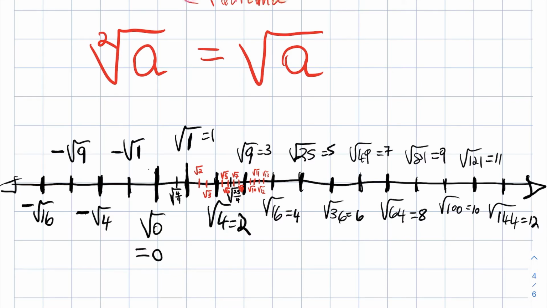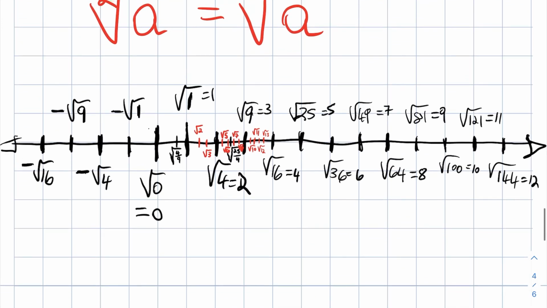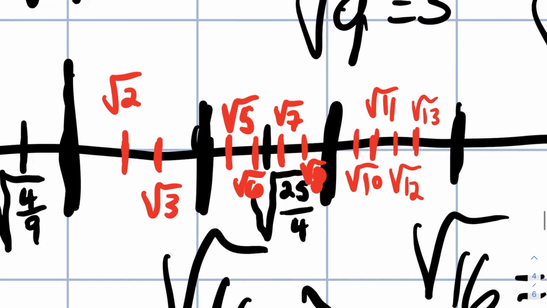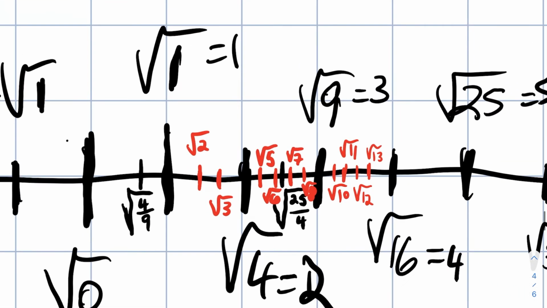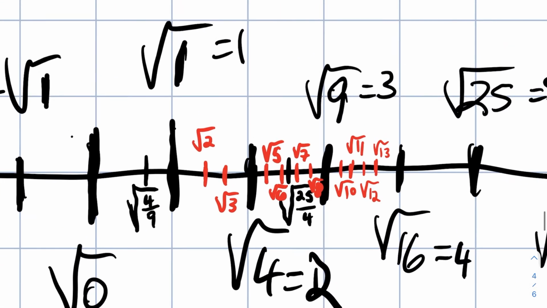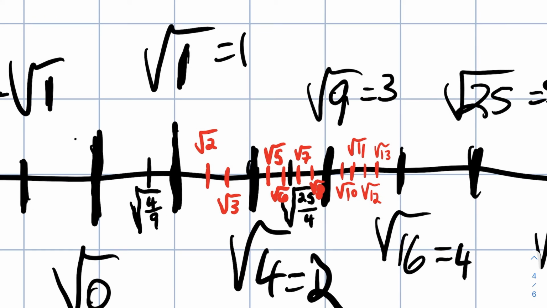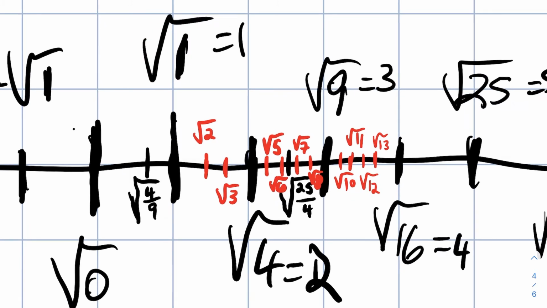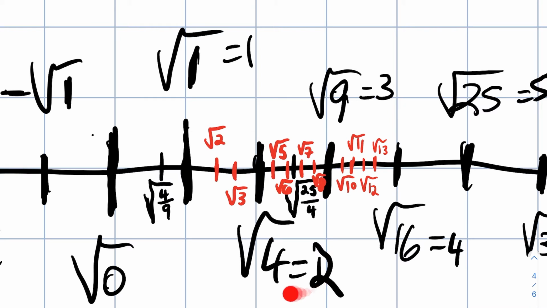Those are special numbers. When the perfect squares are involved in a square root, the answer that you get will be a rational number, a number that you can count to, a countable number. So let's see. If you zoom in a little bit on this number line, we're missing some things. Like, for instance, between 1 and 2. So between the square root of 1, which is 1, and the square root of 4, which is 2, you have the square root of 2 and the square root of 3.